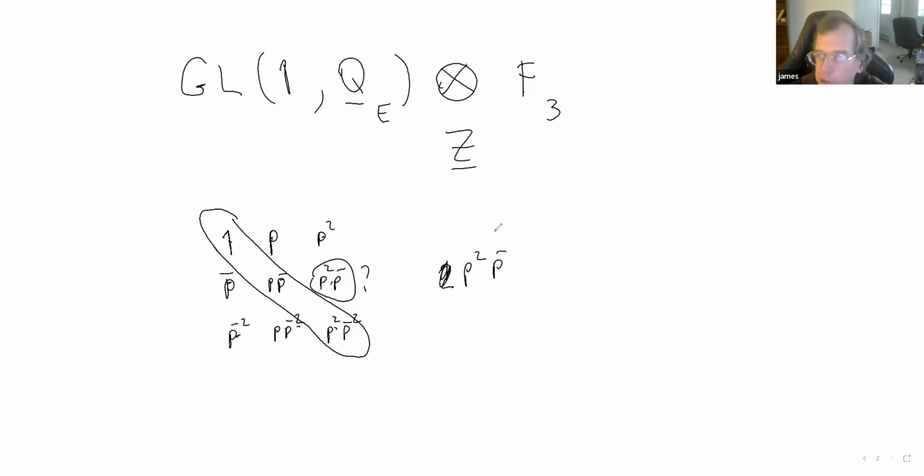You're complaining about the fact that I'm just horrifically mixing up additive and multiplicative notation, right? We're not going to figure it out if we do. But I think what you're saying is that P to the 4th P. Yeah. So those really are eigenvalues, eigenvectors.